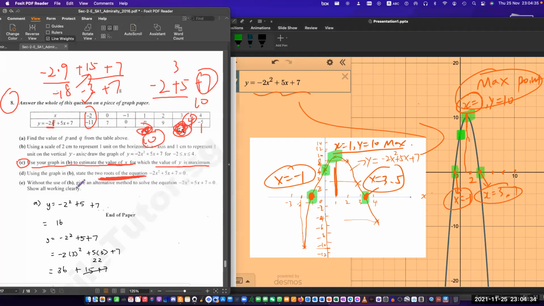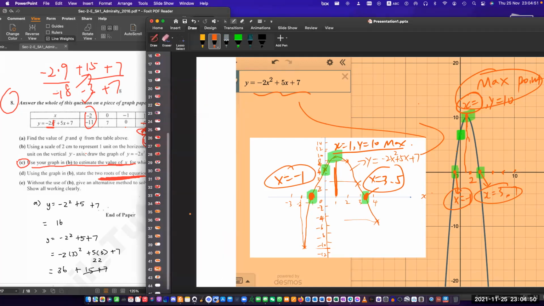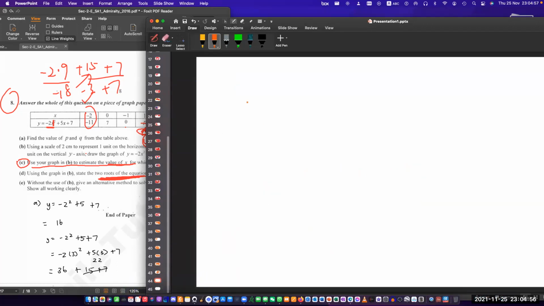Then without the use of this, give an alternate method to solve this equation. How do you solve this equation? First term, second term, third term, how do you solve? Factorization. Okay. So they keep testing you this factorization method. They keep testing you first term, second term, third.